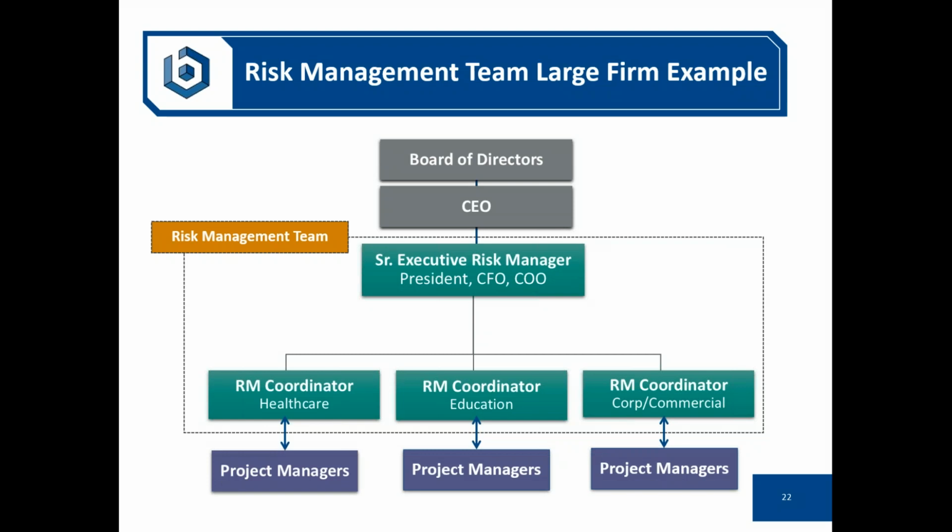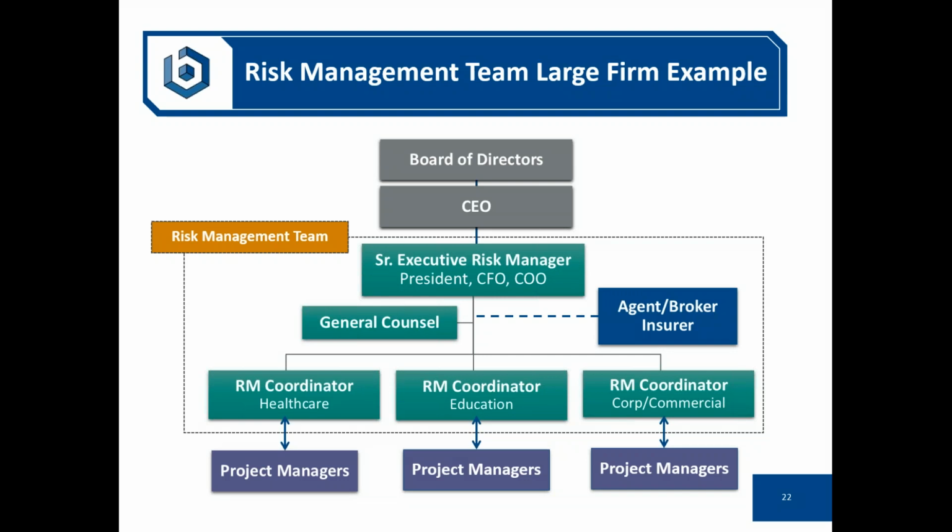The risk management coordinator is not a separate overhead position, but rather an add-on role to a senior project leader, a senior project manager that has a good amount of experience in the building type, in contracts, and business practices, and is a good communicator. They can help the firm's executive team communicate these key issues down to the project managers and their teams, and also be effective in receiving input from the bottom up, from the teams through these folks, so that the issues can be discussed and policies and procedures can be improved.